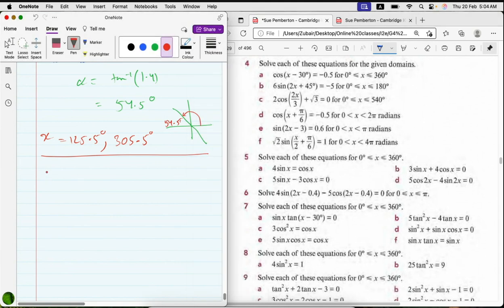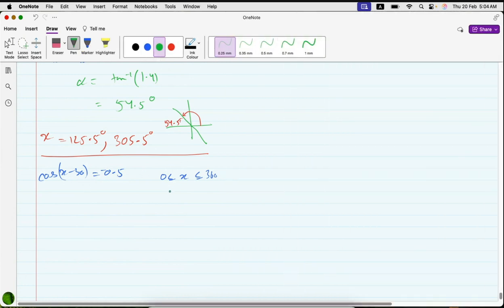Okay. So if it says cos of x minus 30 is equal to negative 0.5, and the domain is given that 0 is less than or equal to x is less than or equal to 360. So this is x minus 30. I'm recreating the domain for x minus 30.